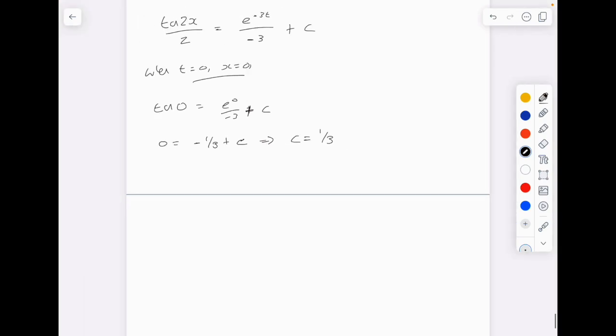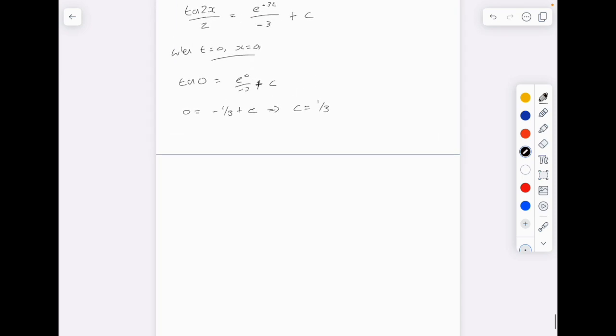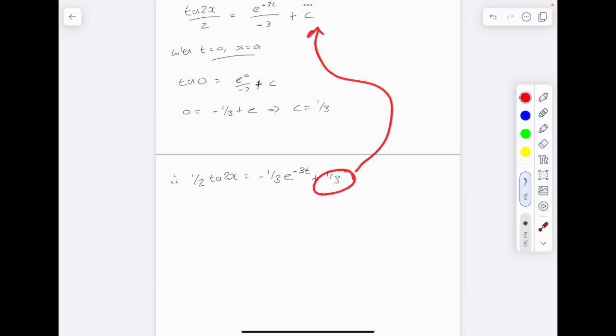Brilliant. So what does the equation become? So therefore what we're going to say is the following. Half tan 2x is equal to minus a third e to negative 3t plus c, what's c? It's a third.